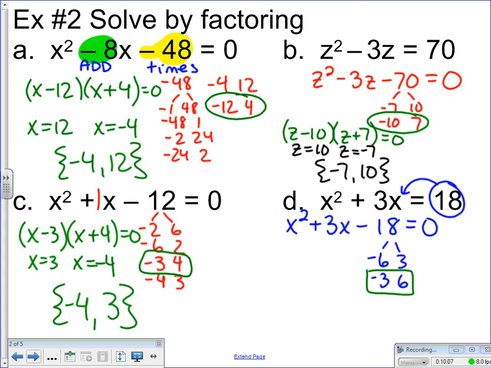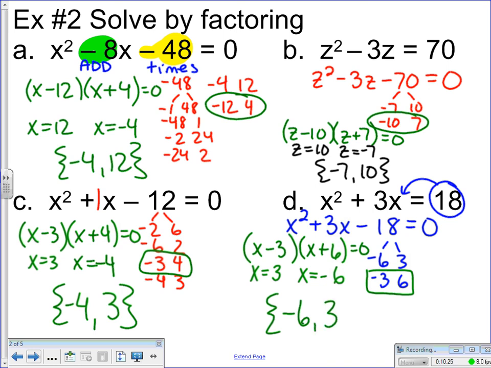That would be negative 3 and positive 6. So x minus 3, x plus 6. If it's negative 3 in the parenthesis, it's positive 3 on the outside. And if it's positive 6 inside, it's negative 6 as a solution. So my two answers are negative 6 and 3.